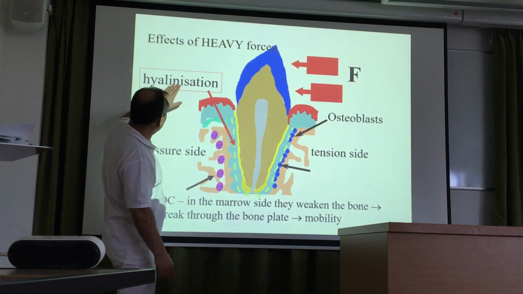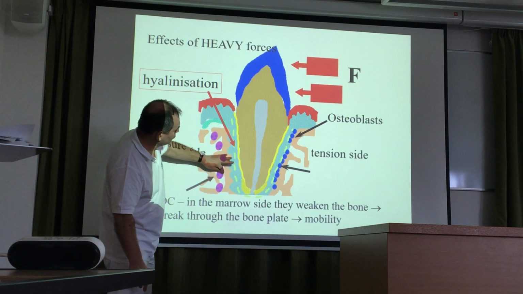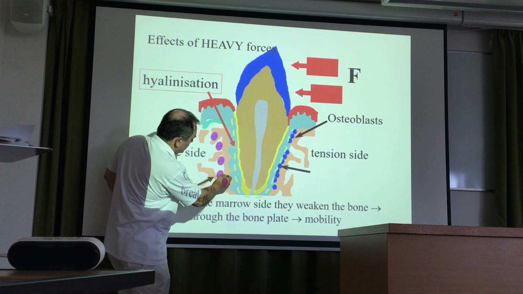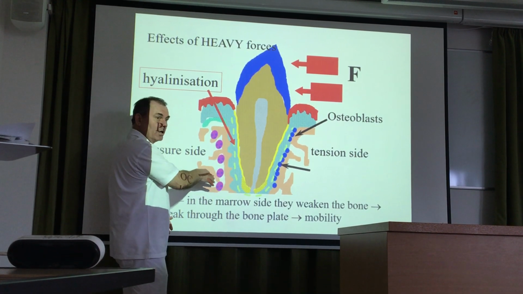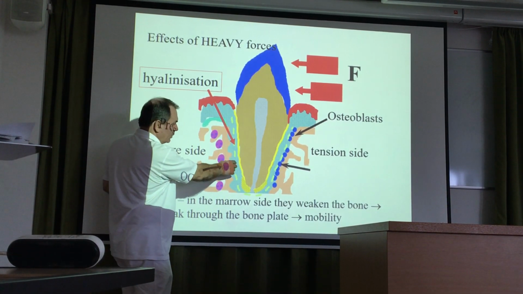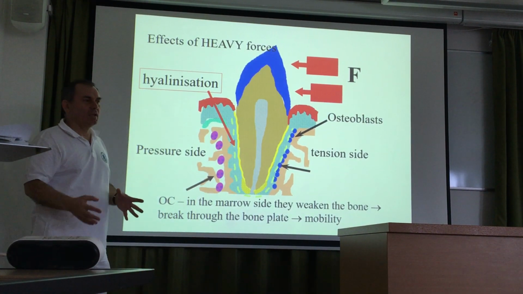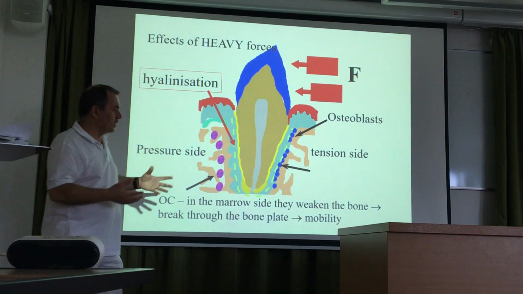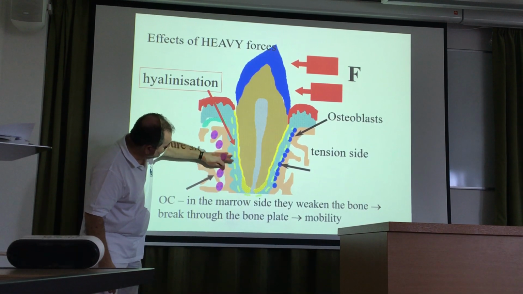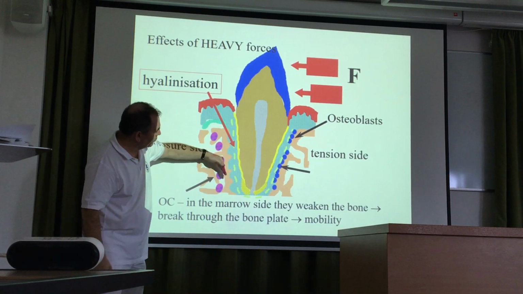In this heavy force case, with undermining resorption, the bone is removed from the wrong side, by osteoclasts, because the osteoclasts can survive only on the other side of the lamina. Here they cannot, because there is no blood supply, and these osteoclasts are very oxygen-dependent cells, because their metabolism is very high. They will remove the bone continuously, and the result will be very weak and very thin.